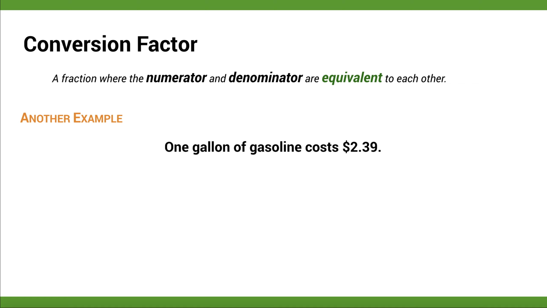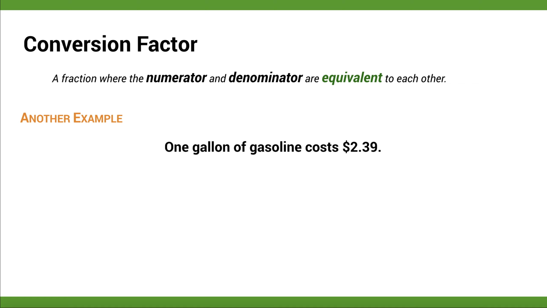Another example: 1 gallon of gasoline costs $2.39. So this is an equivalence: for 1 gallon of gasoline, you have to pay $2.39. We can make this statement into a conversion factor. And I hope you can see the two dimensions here.